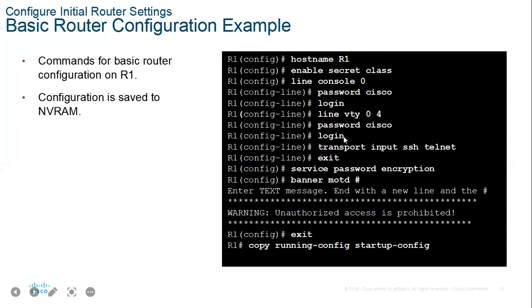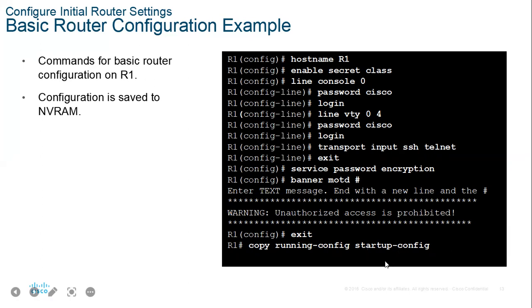Then we're able to also configure SSH and Telnet on it. Then we're going to configure a banner saying warning, unauthorized access is prohibited. Then we exit. The last thing that is going to happen is that all of these things that we have set up, we're going to save to the NVRAM, right?